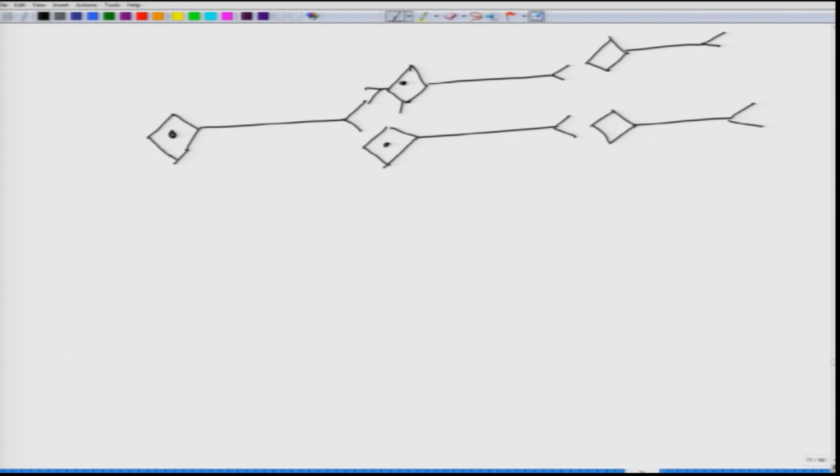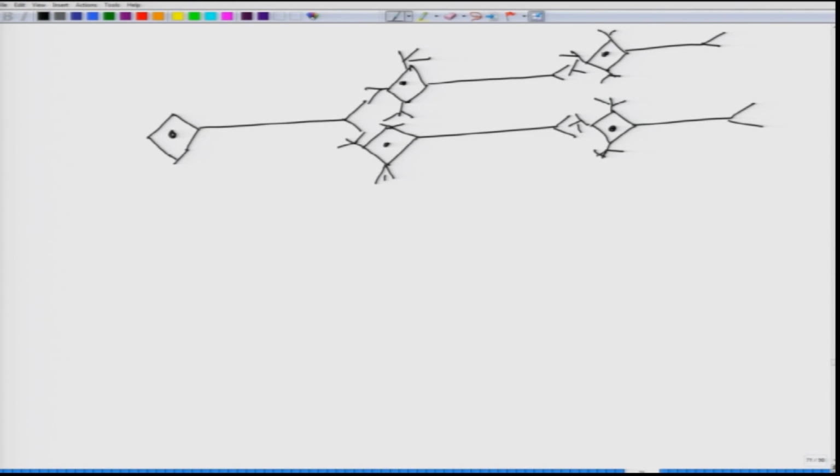And this has its dendritic tree like this. Okay. This is the dendritic tree.